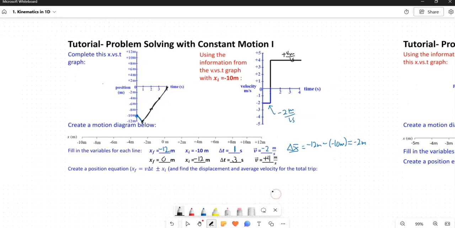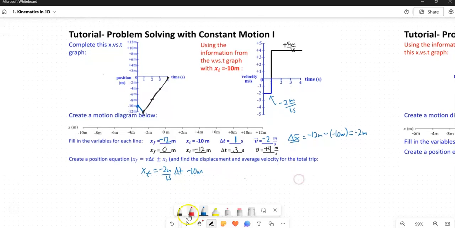All right, let's put this into our equations. So the blue equation, trying to predict final position. That's going to start off with velocity, which will be negative 2 meters displacement for every 1 second, delta t, and that's going to be starting off at negative 10.